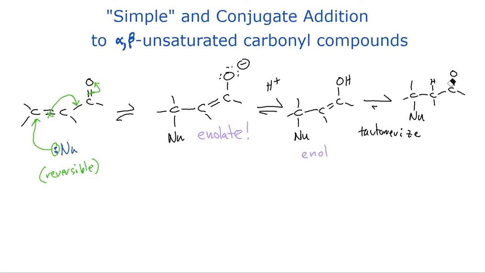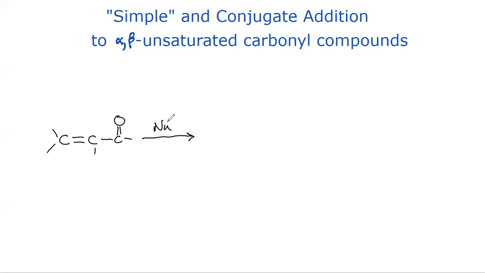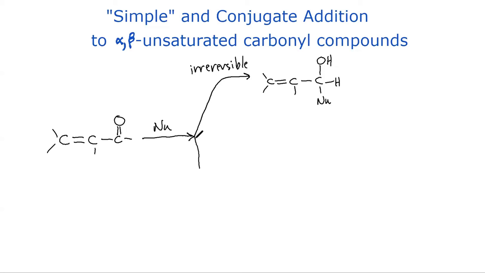We have the nucleophile attached to the beta carbon, which means in summary that if we have a nucleophile reacting with an alpha beta unsaturated carbonyl compound, we basically have to decide if that nucleophile adds irreversibly, in which case you are going to observe the reaction where the nucleophile adds to the carbonyl carbon, or if that reaction is reversible, in which case that nucleophile actually attaches to the beta carbon.